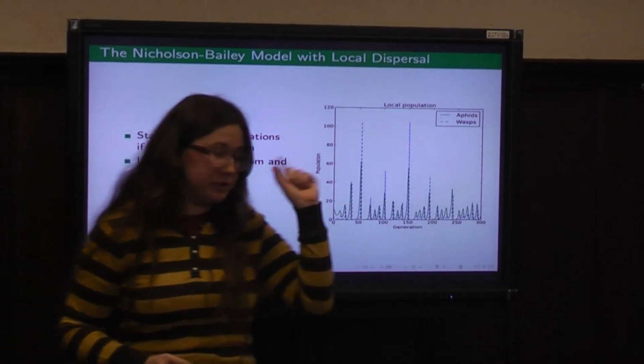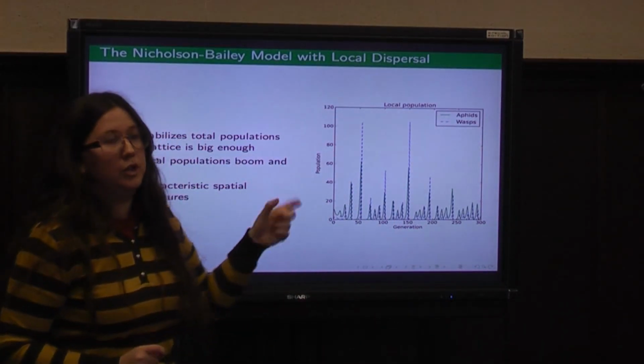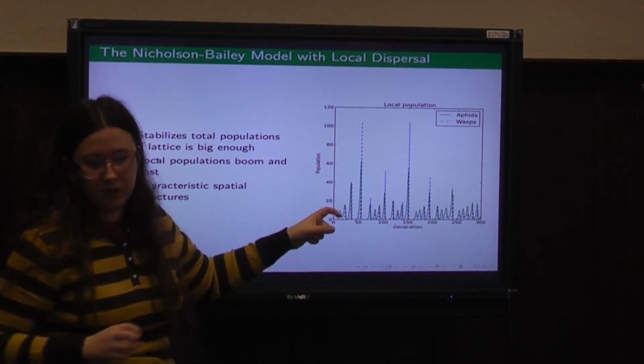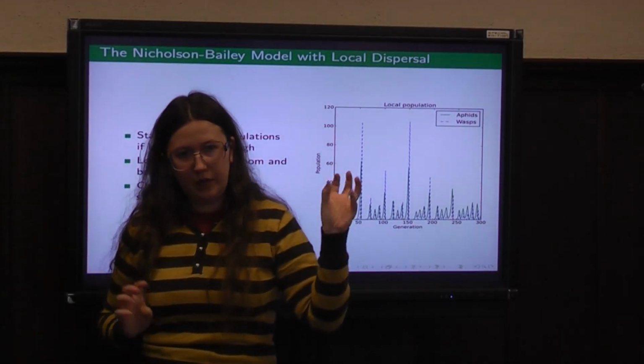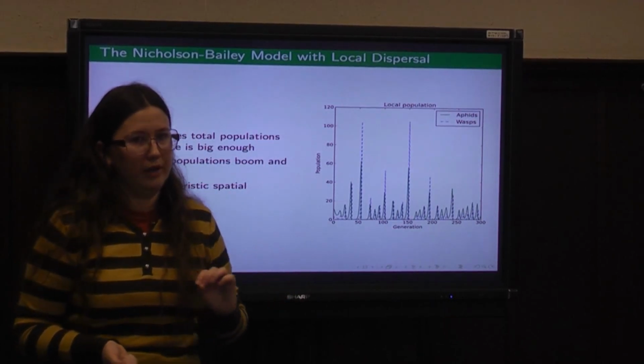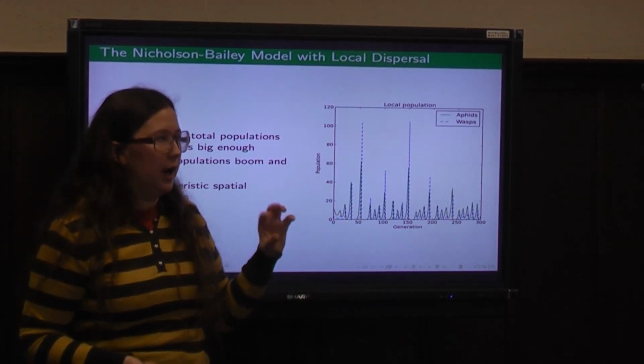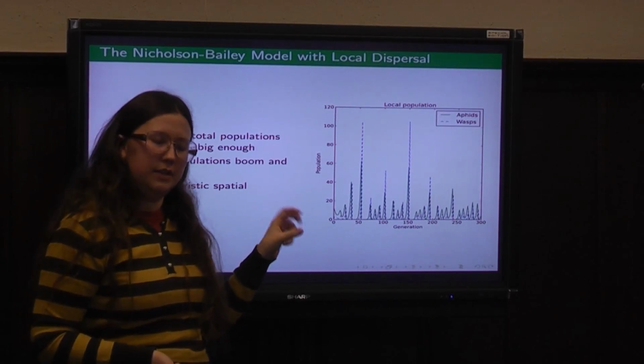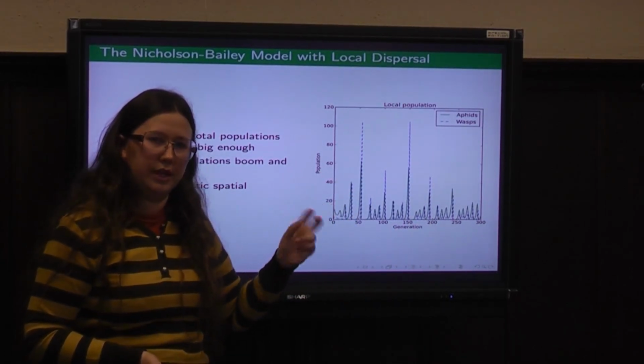But with the wasps, we're doing something a little bit different, which is that wasps tend to aggregate to where there are more aphids. This is something that you can tune, and I think that even without much of this aggregation, you can get this happening.